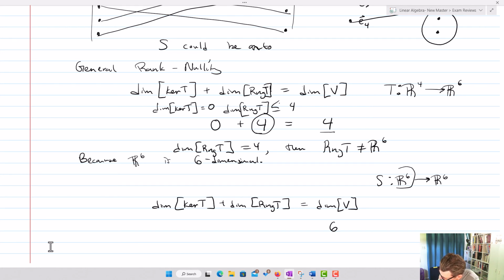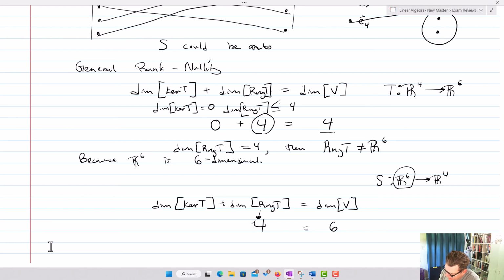Because V is R6. And this is R6 into R4, so the dimension of the range of T could be 4. In fact, it has to be less than or equal to 4. So we see that we can actually do this addition.